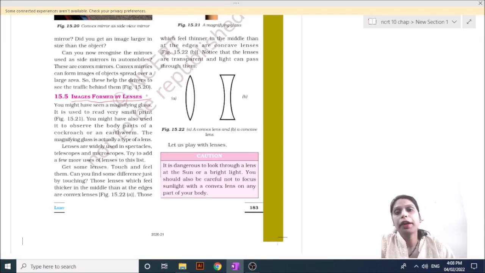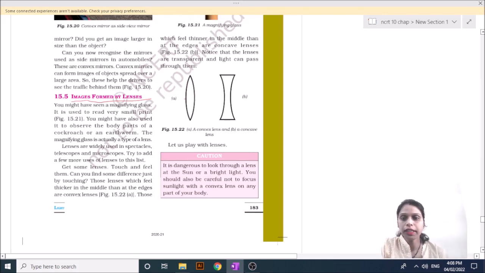First is convex and second is concave lens. Actually, a convex lens is thick in the middle and thin at the extreme points, whereas the concave lens is thin in the middle and thick at the extreme points. Then it is a lens.